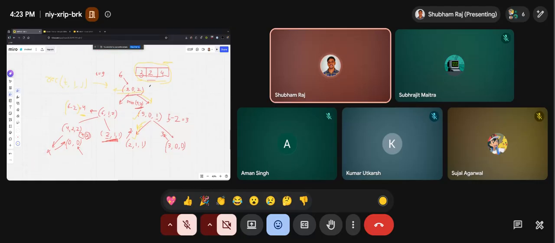Now, if we want what will be the maximum score we can get between 0 and, in this case, 2 index, that's why I'm passing 0 and 2 here.